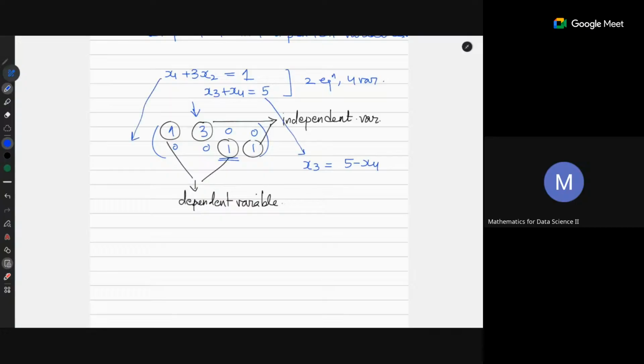And similarly, x1 is equal to 1 minus 3x2. So that's why x1 is called dependent, because it is dependent on x2, and x3 is also dependent. So leading entries of rows become the dependent variables, and all the other variables become the independent variables, because you can write dependent variables in terms of the independent variables using these equations.